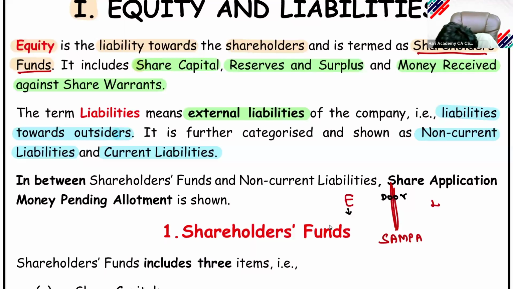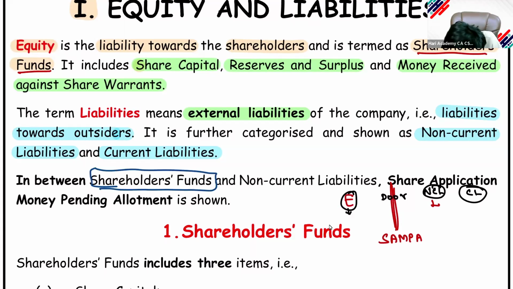So that is equity. Liability is divided into non-current liability and current liability. So there are four items. The first item is shareholders fund, which is share capital, reserves and surplus, and money received against share warrant.